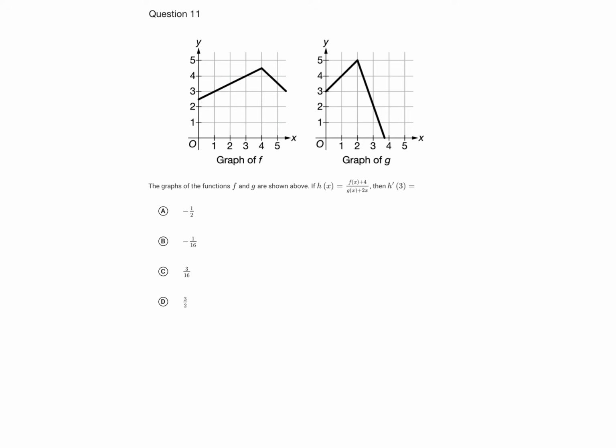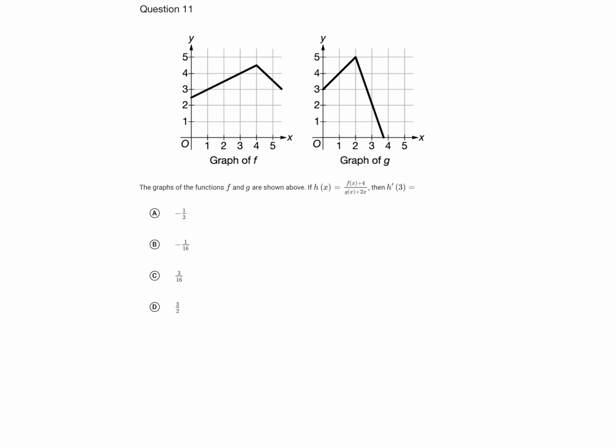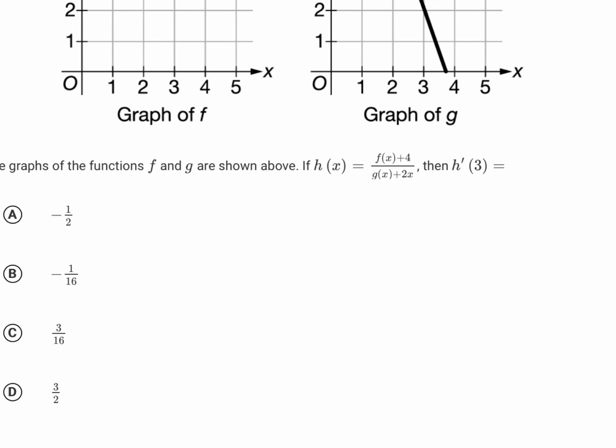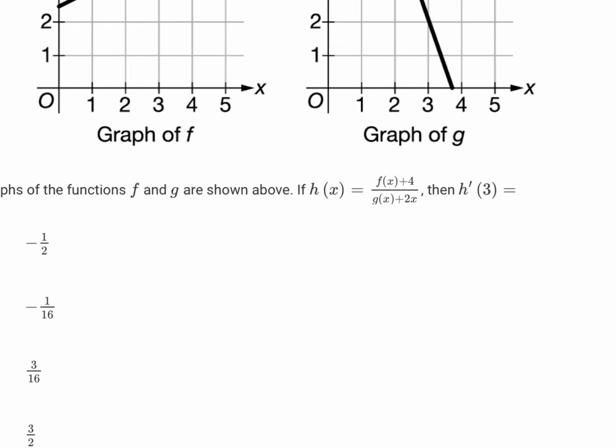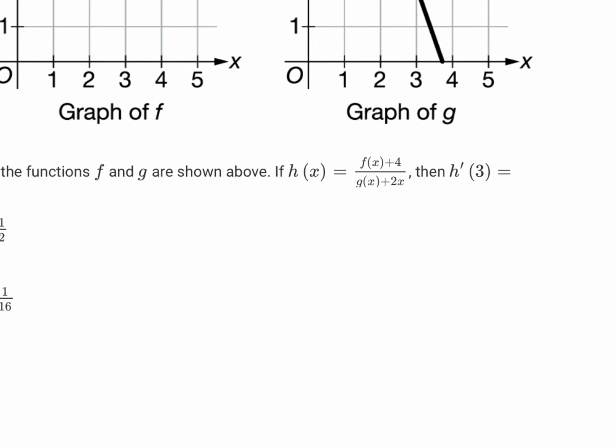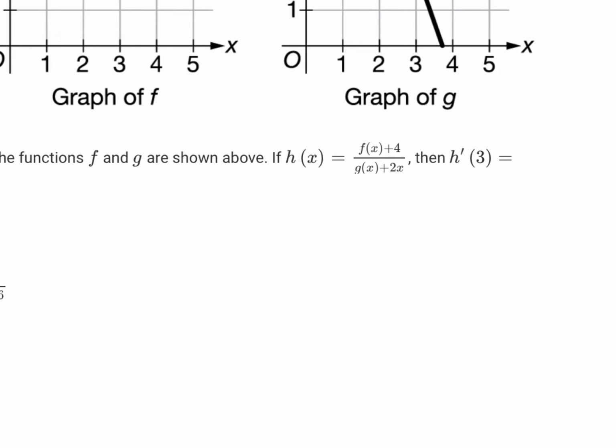Okay, here they give us the graphs of f and g shown above. And then they define some other function h in terms of f and g in a certain way. Now h is a fraction, and it's got x's in the top and bottom. They ask us for the derivative of h at 3.